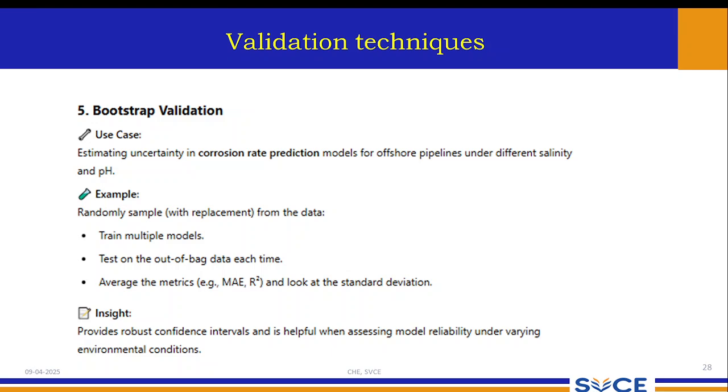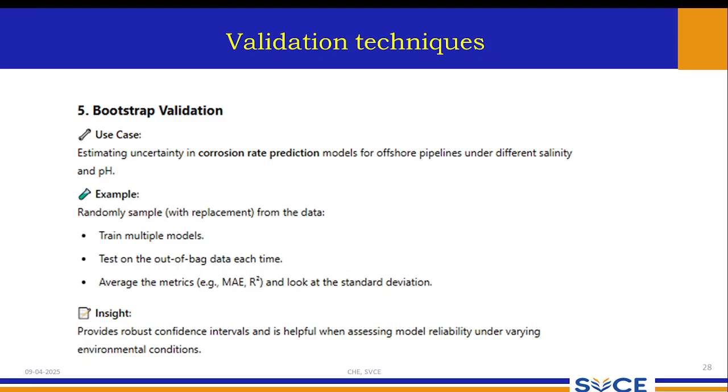Randomly sample, train multiple models, and test on the out-of-bag data each time. Average the metrics, mean absolute error and coefficient of determination R squared, and look at the standard deviation. The insight is that it provides robust confidence intervals and is helpful for assessing model reliability under varying environmental conditions.